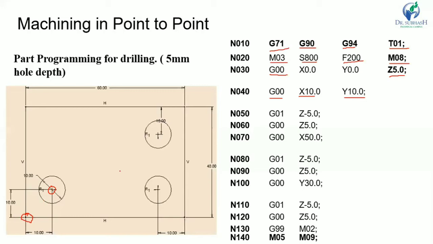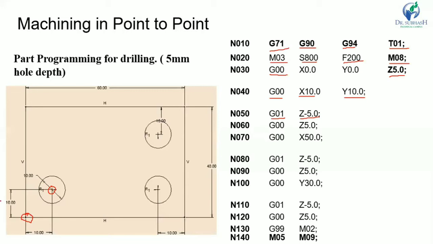Now linear interpolation, G01 Z minus 5. So the tool will come here and drill the 5 mm depth hole.